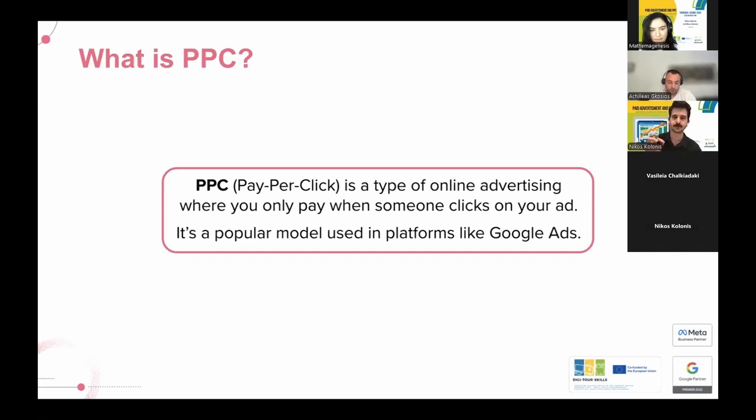One misconception is that you pay for your ads to be shown. But actually, what is most often true is that you only pay when somebody clicks on your ad. So that's what PPC means: pay per click, because you pay every time somebody clicks on your ad.